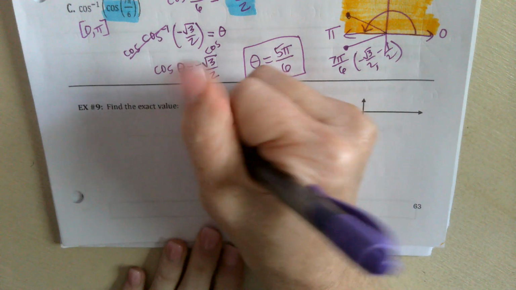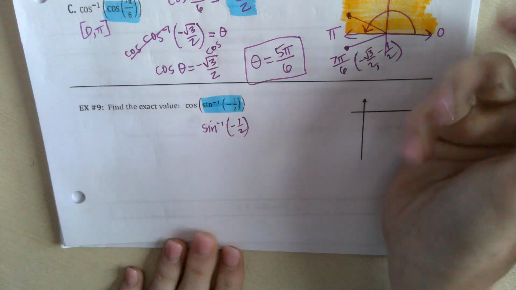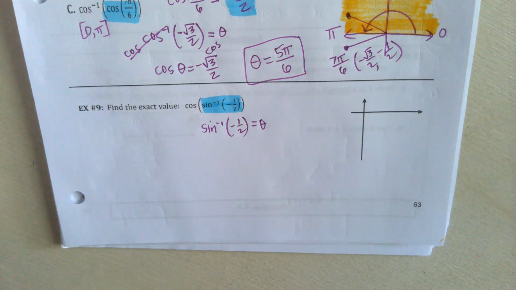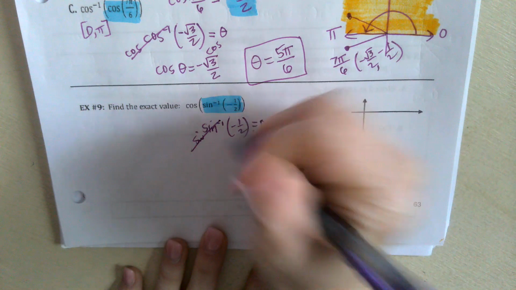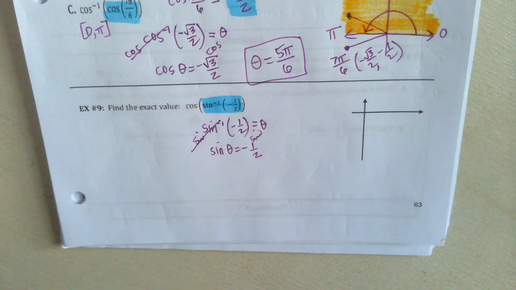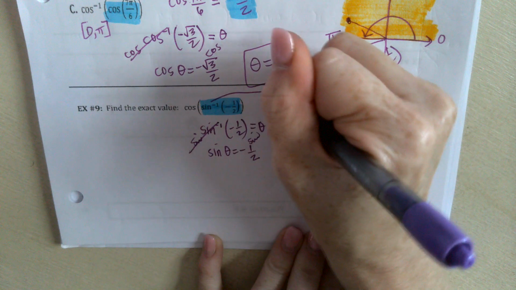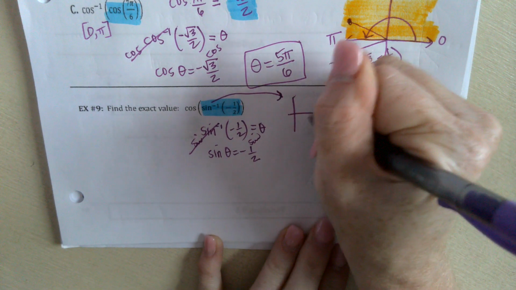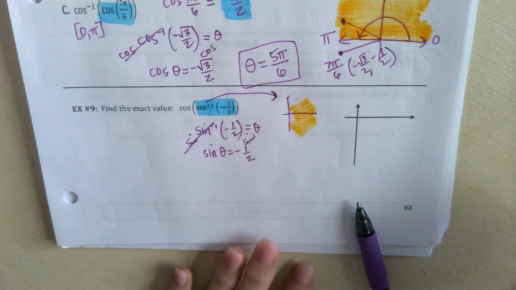So I'm going to start with the innermost function. Okay? So I'm going to do sine inverse of negative 1/2, and I'm going to set this equal to theta. Okay? I'm going to take the sine of both sides. So I have sine of theta equals negative 1/2. Now for the sine function, okay, for the sine, it falls over here. Okay?